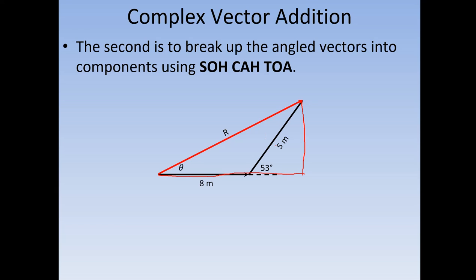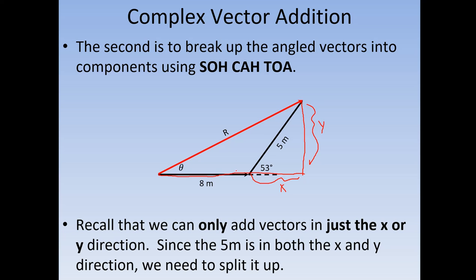So if we can figure out this component, since we already know the 8, the height's coming from the vertical aspect of the 5 meters, and that extra distance is coming from the horizontal aspect. So breaking this into its components to figure out how much of it is going in the x direction, how much it's going in the y direction using SOHCAHTOA will help us determine this right triangle and allow us to use Pythagorean theorem. Because remember, the whole thing is we can only really add up x and y, so we have to break up the 5 meters into x and y.